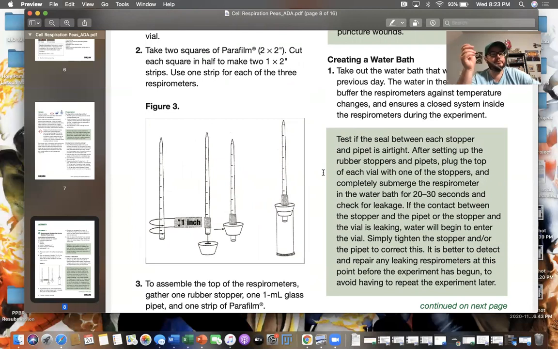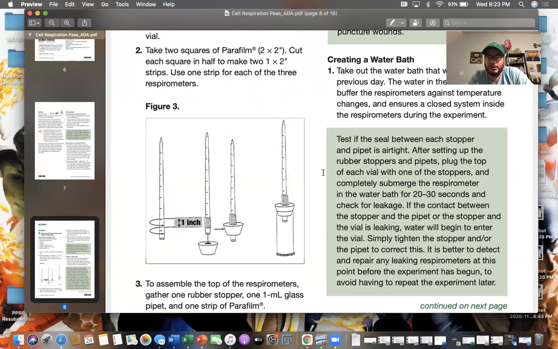All right, so real thin. And then we're going to take a piece of parafilm. Make sure you're just grabbing 1 piece. The waxy ends will stick together.